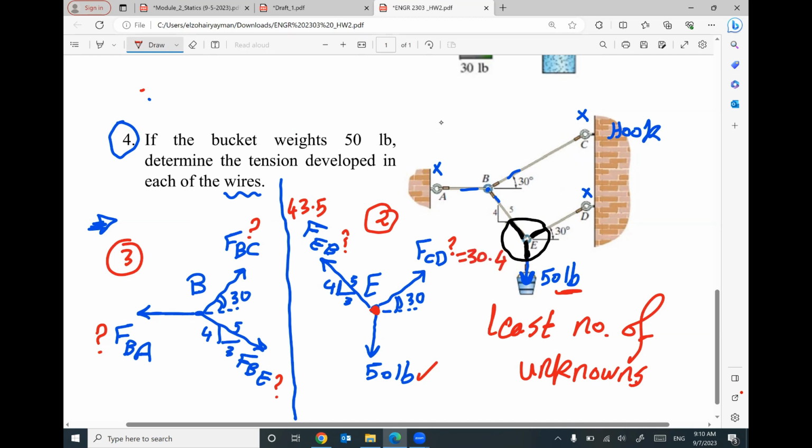Keep in your mind, because these two forces are in the same cable, so EB will equal BE. So this value will be 43.5. Now I can start to work with point B.